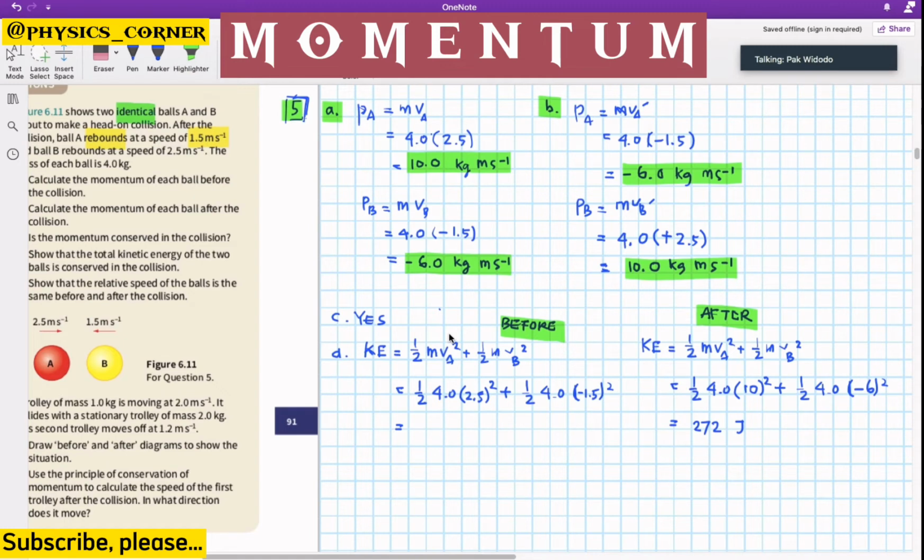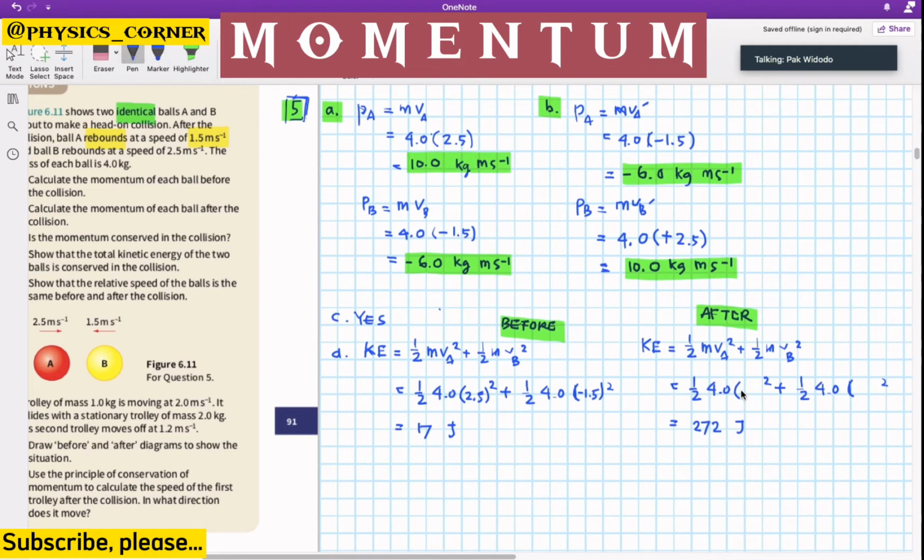So here is 2.5 squared, 6.25, then 17 joules. And here also this is wrong, not 10 and negative 6, those are momentum.